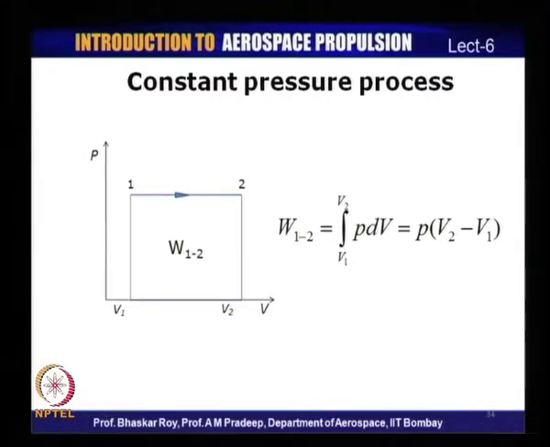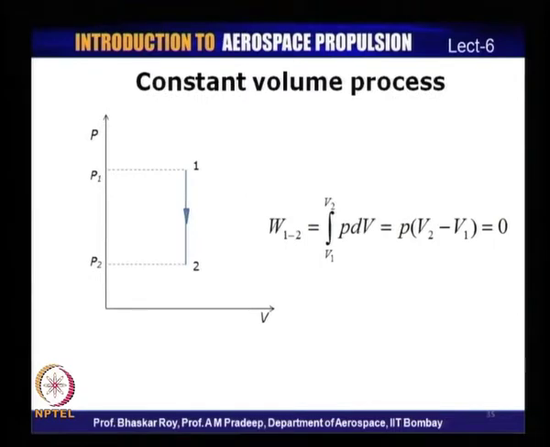Now, what happens if the volume was constant? If you have a process where the volume is constant, that is, it is a closed system and the volume is also constant, but the pressure can change, is there any work done during this process?